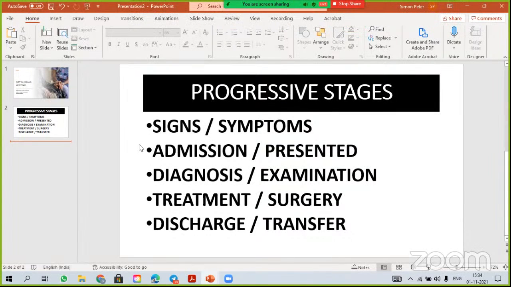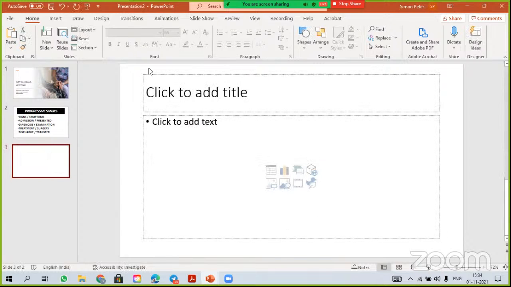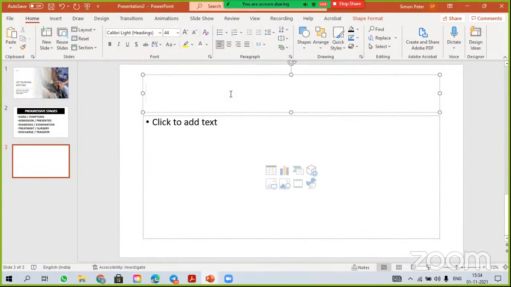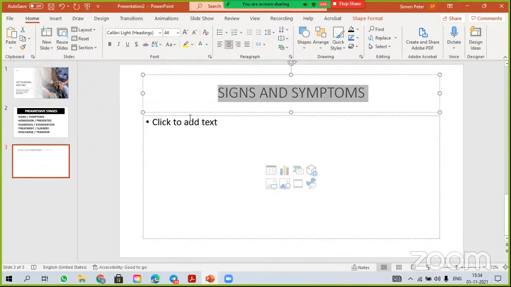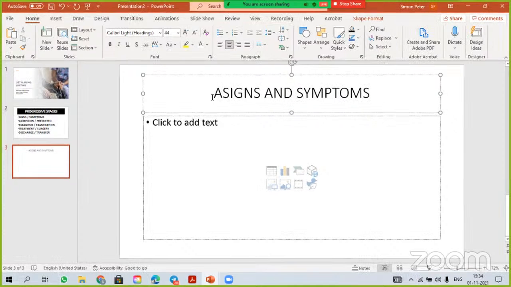So how are we going to write this one? Signs and symptoms. This is the first one.